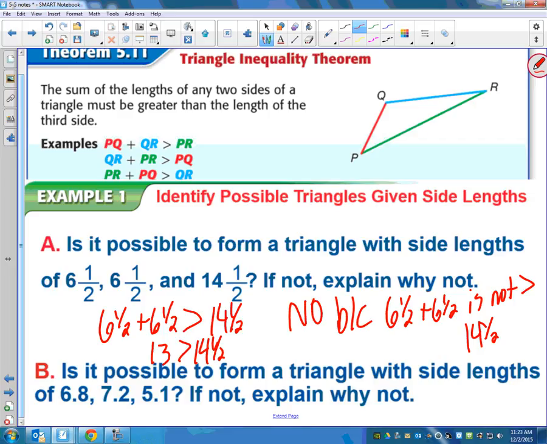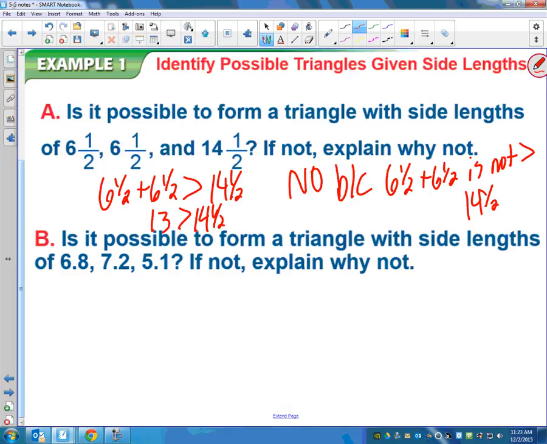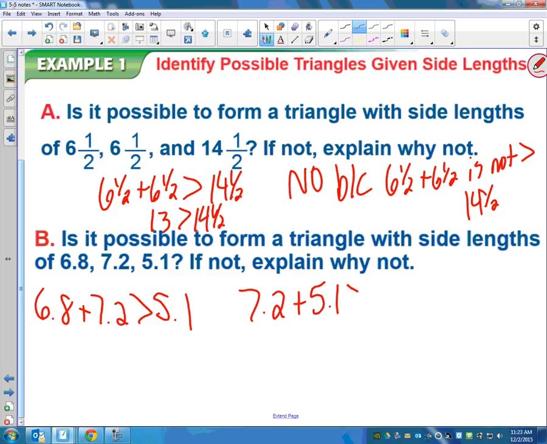What about B? What do you think? Set up the three options, right? 6.8 plus 7.2, is that bigger than 5.1? 7.2 plus 5.1 bigger than 6.8. What's the other option?